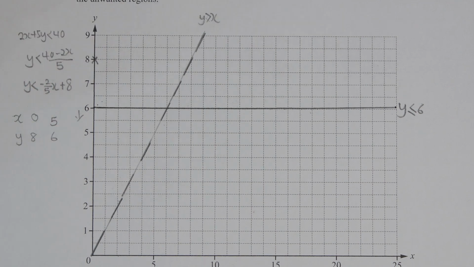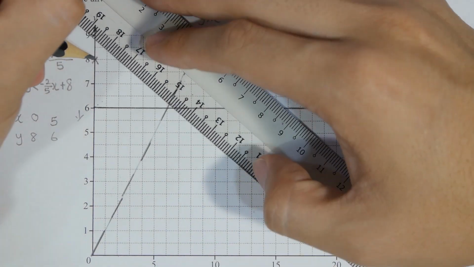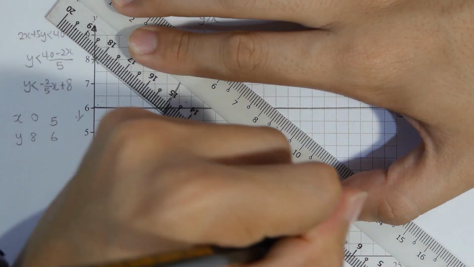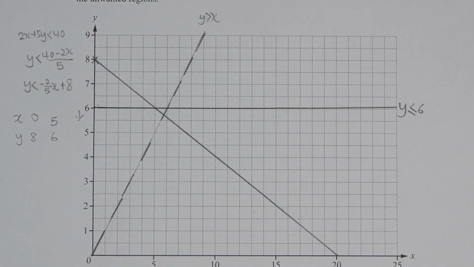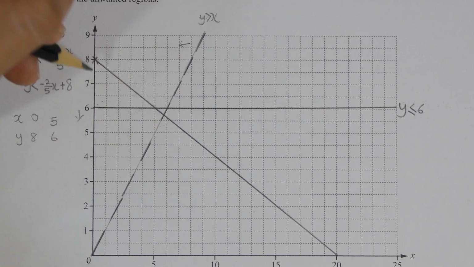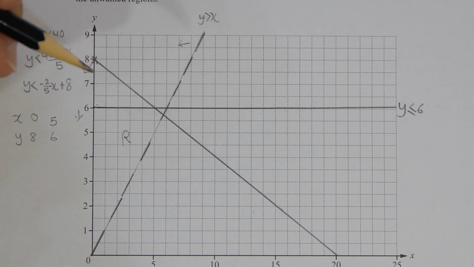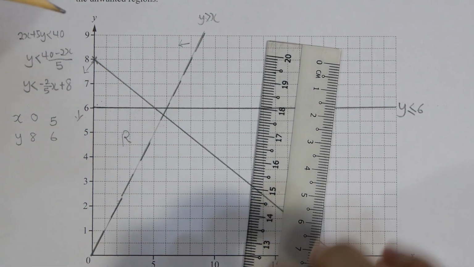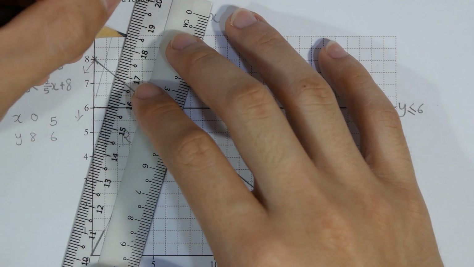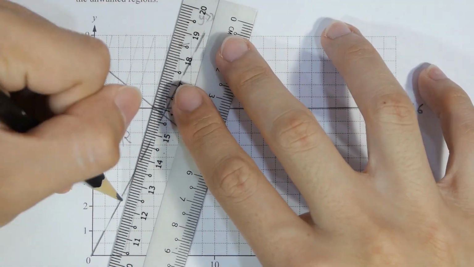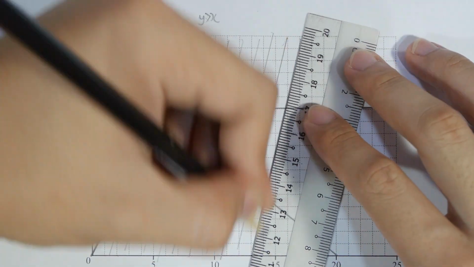So I first constructed y more than x, and I rearranged 2x plus 5y less than 40 into y less than (40 minus 2x) divided by 5. So I've chosen 2 points here, when x is 0 and when x is 5, and the respective y values are 8 and 6. With these values, we can now construct the line. Take note that this is a dotted line as well.